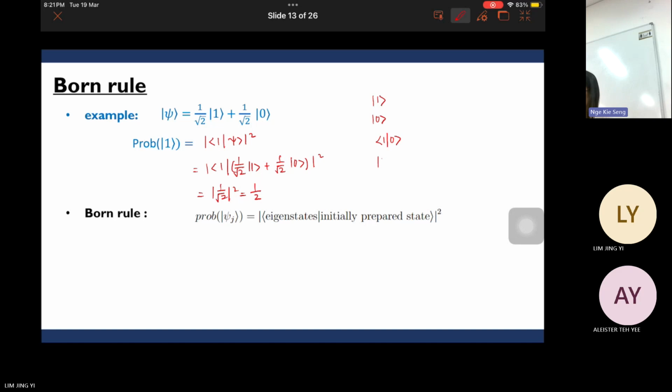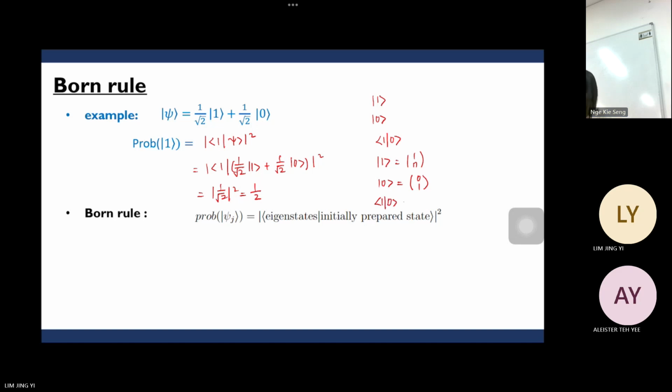For example, if 1 is a column vector and 0 is a column vector, then we just take the row of the first and the column of the second. So this is one example.